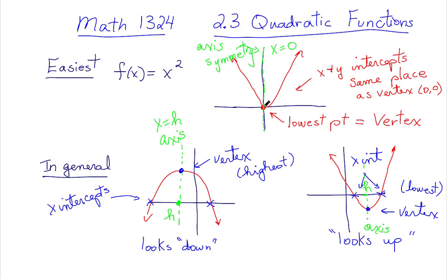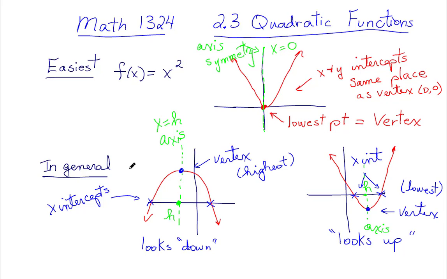Now this quadratic function is symmetrical, and all quadratic functions are symmetrical about their axis of symmetry. And the axis of symmetry here is x equals 0. It goes right through the origin here where our vertex is.